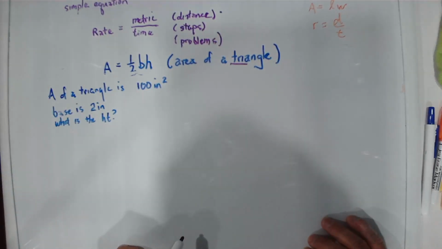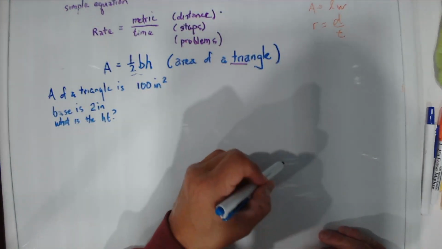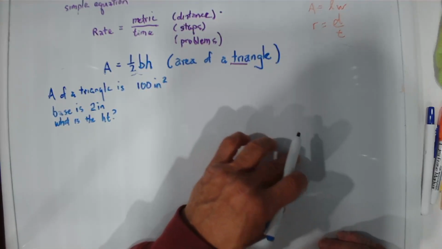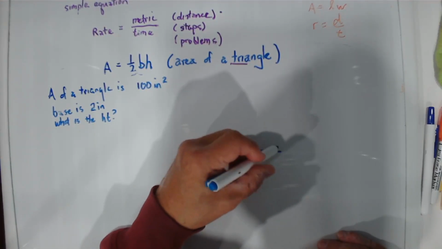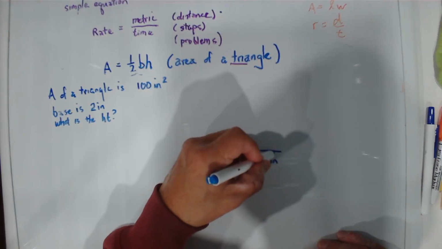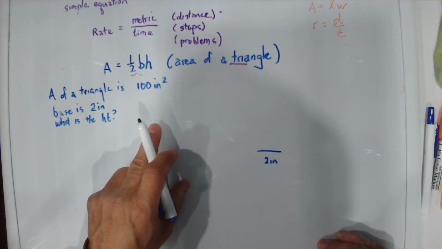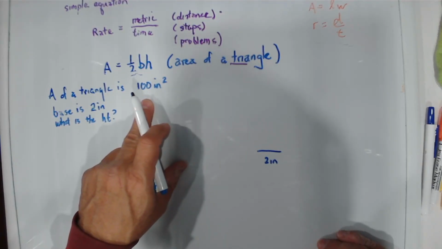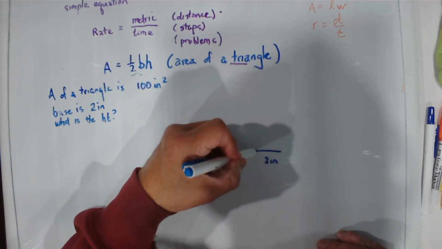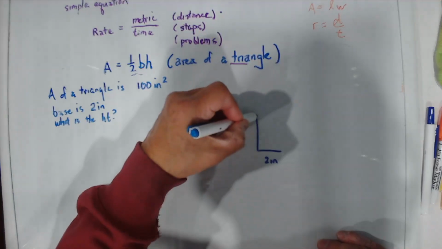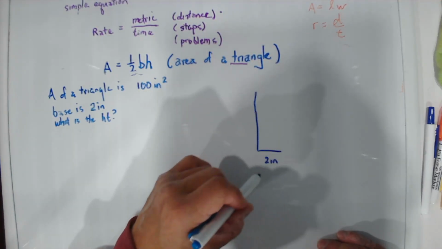Okay, so if we drew this out, which it's always good to do, the base is, let's say, 2 inches. And we can see by the area, the height is going to be something pretty big because I've got to multiply something by 2 to get to 100.